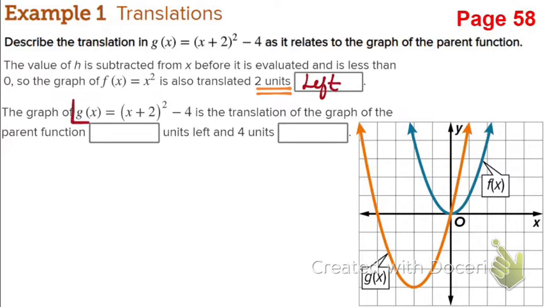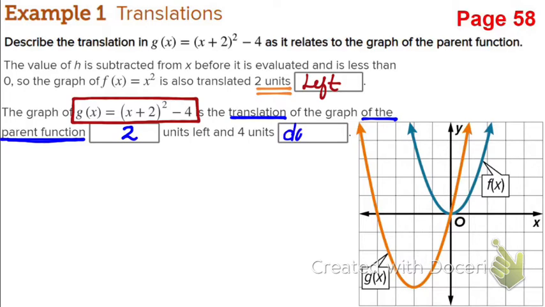So this equation right here, and the graph that goes with it, g of x equals (x plus 2) inside parentheses squared minus 4, is a translation of the parent function 2 units left and 4 units down.